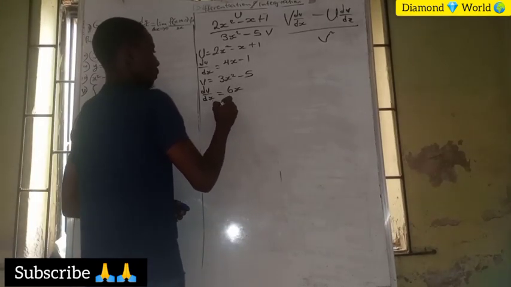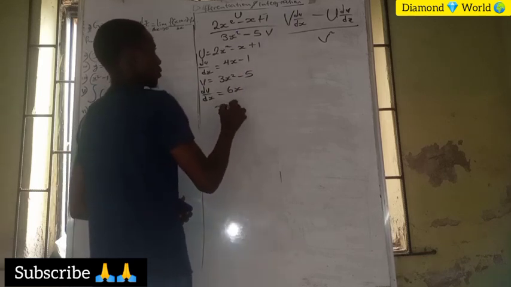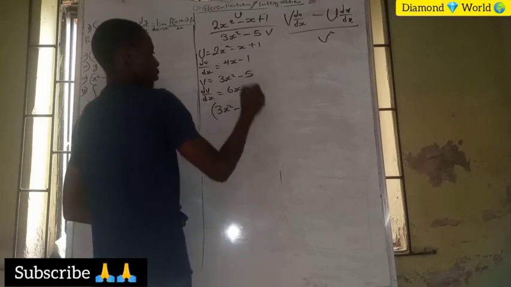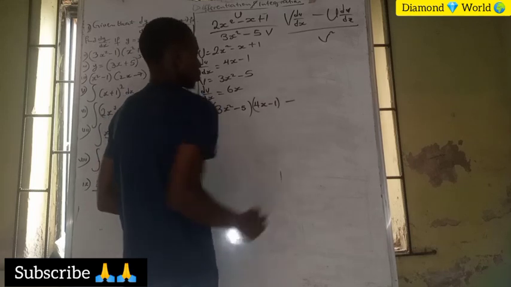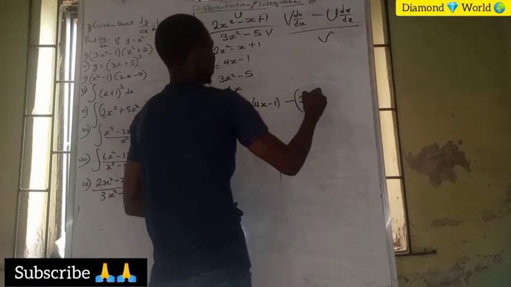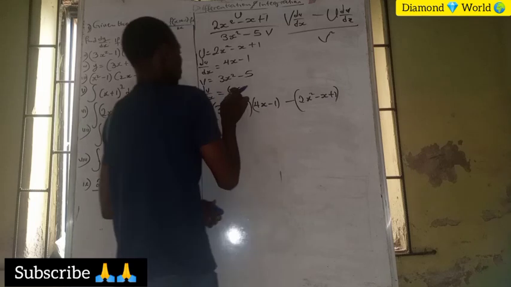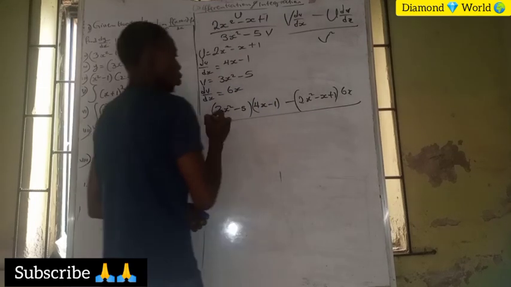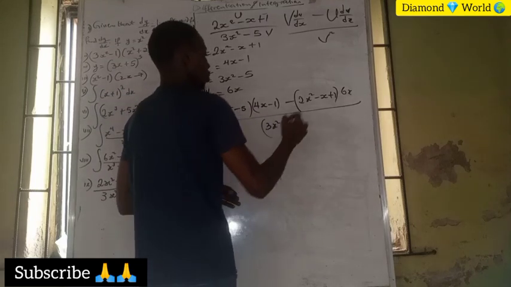Now we have my v initially, which is 3x squared minus 5, into brackets this 4x minus 1, minus my u, which is into brackets 2x squared minus x plus 1, with the dv/dx 6x, all over 3x squared minus 5 all raised to the power of 2.